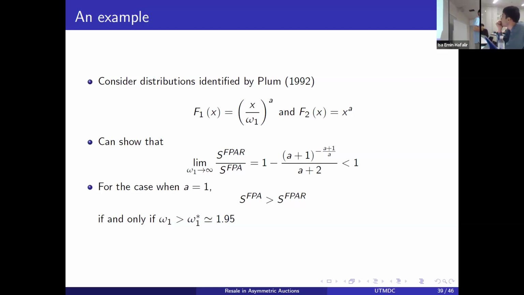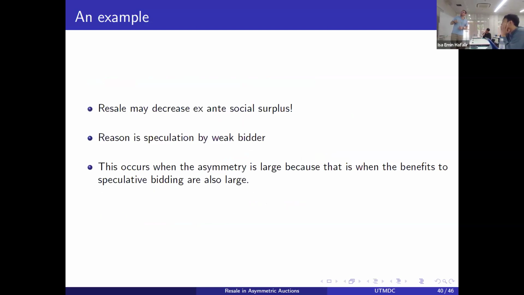But when it becomes too asymmetric, if the highest value for bidder 1 is 2 or 3 or more, then the surplus will be lower. Okay, and this can be seen on this slide, which was not that important. I think the important part is this part.